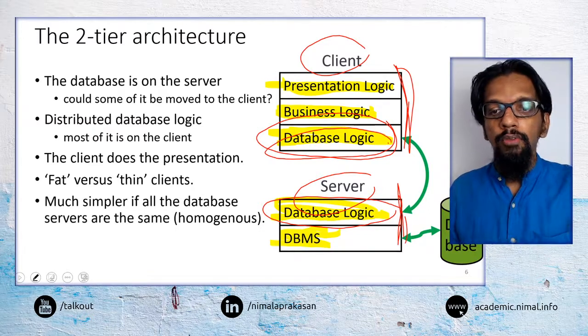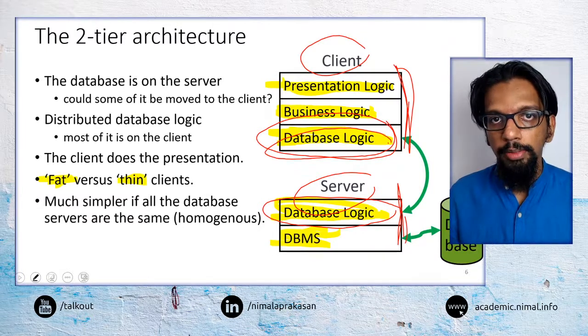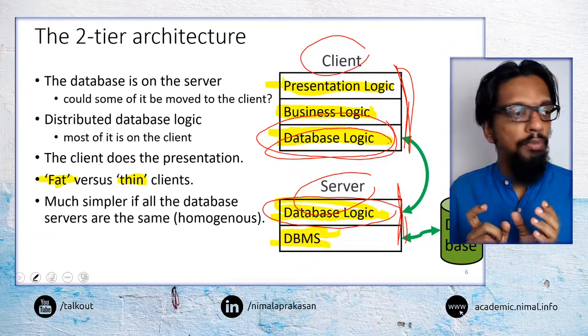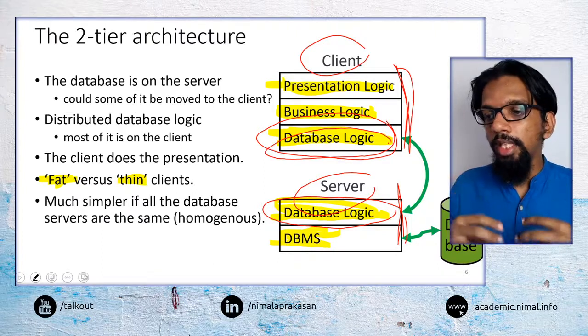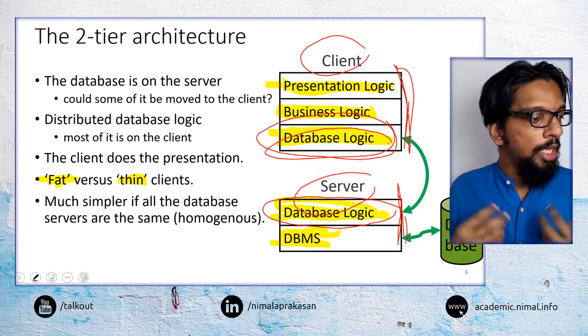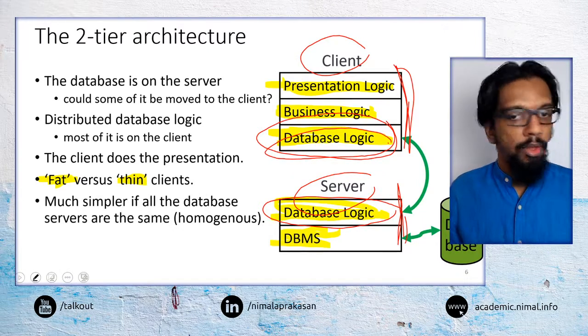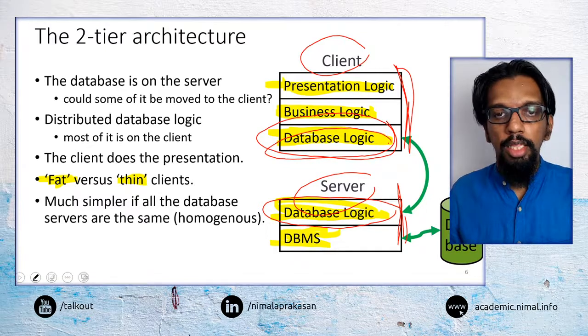And then when we think about clients specifically, we can have what are called fat clients and thin clients. When we say fat clients, we have clients that are able to provide much more functionality. On the other hand, when we say thin clients, we are talking about clients that are only performing limited functions.